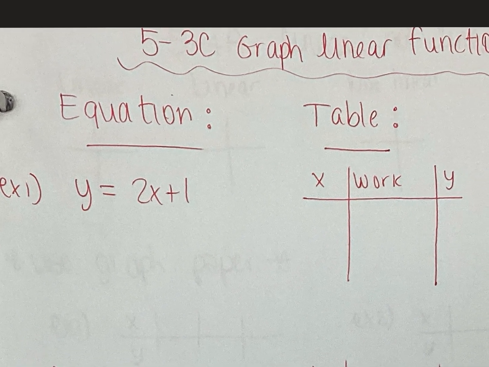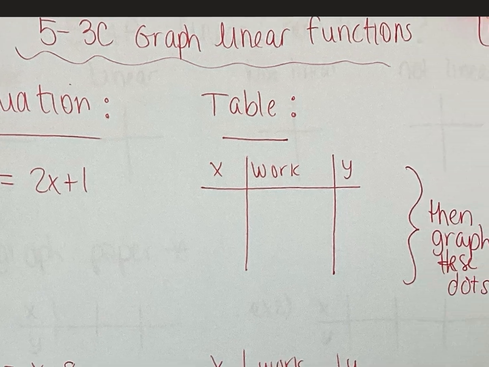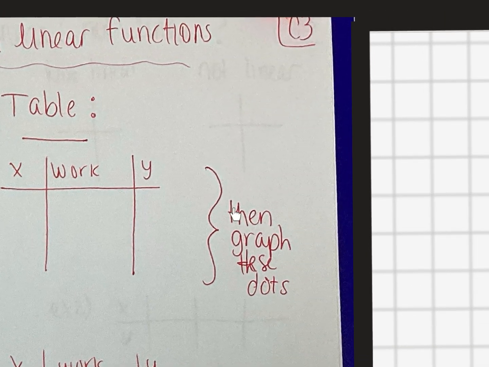So we are doing what we did yesterday. We're going to take this equation and we're going to make a table. But how it's different is then we have one extra step. Then we're going to graph the dots and connect them to make a line. We did graphing dots earlier, remember, in ordered pairs.